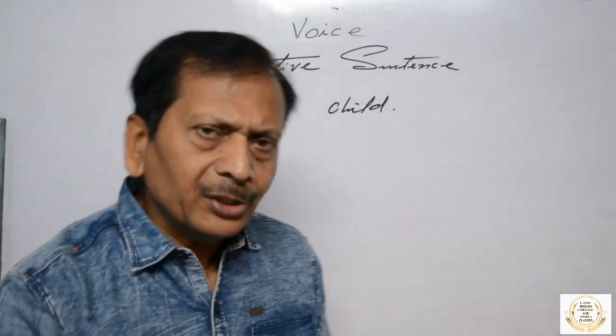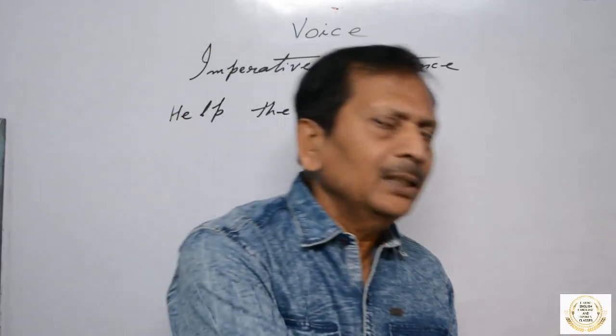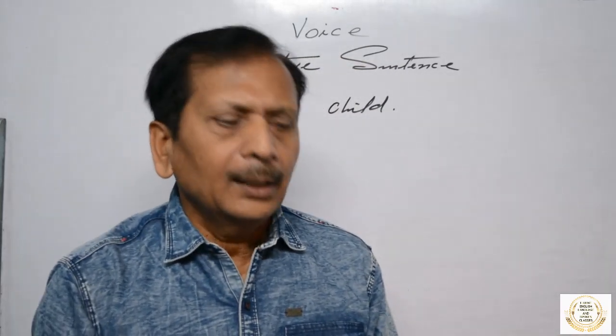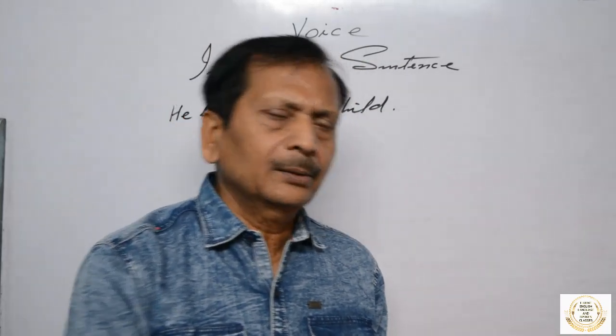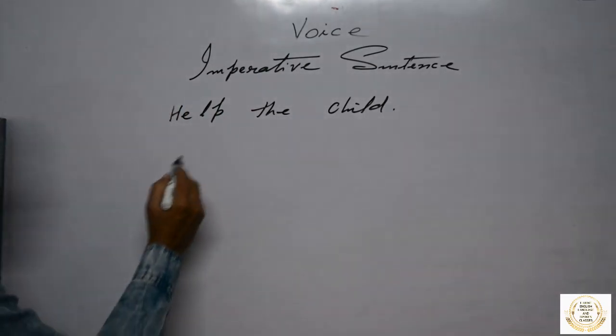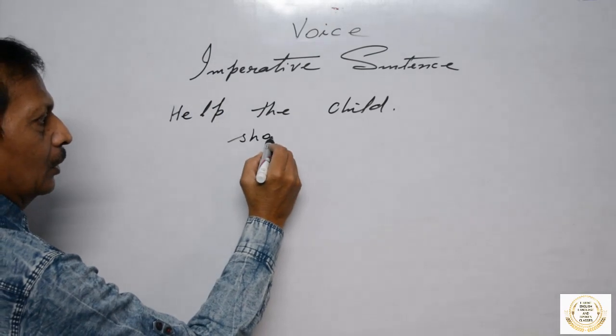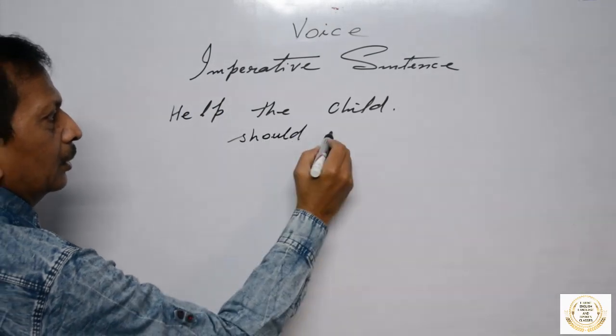Especially an imperative sentence which gives the idea to do something good for somebody, someone: help the child, help the poor. So it is advice, and for this it is important to use the passive with should be.